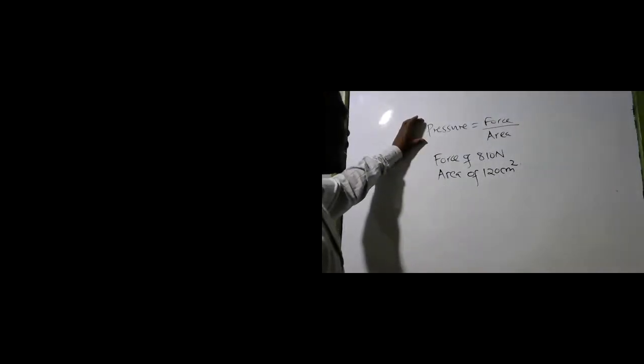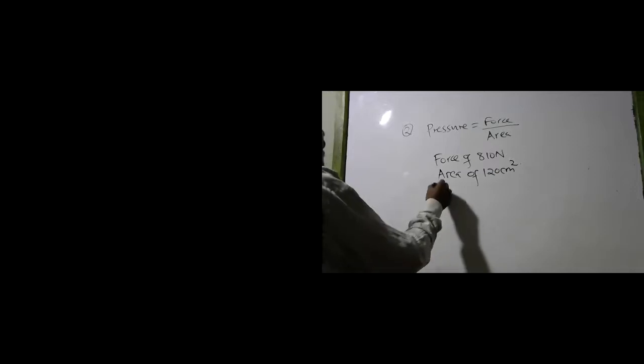In this question 2, we are given that the pressure is equals to force divided by area. Now we are given a force of 810 newtons and the area of 120 centimeters squared.